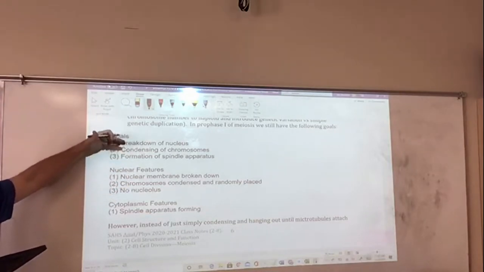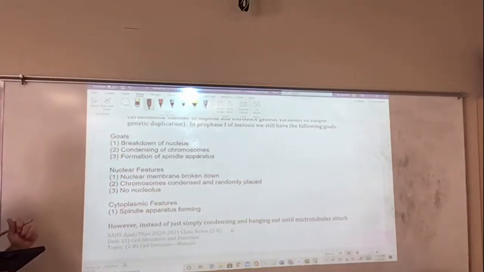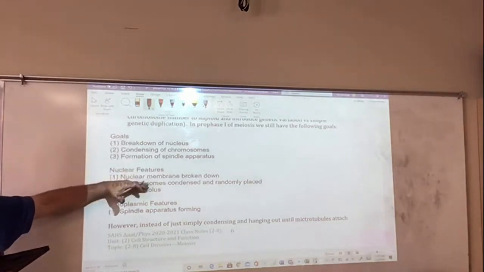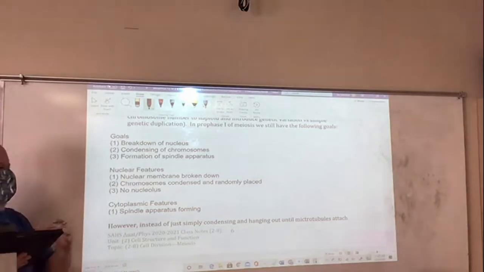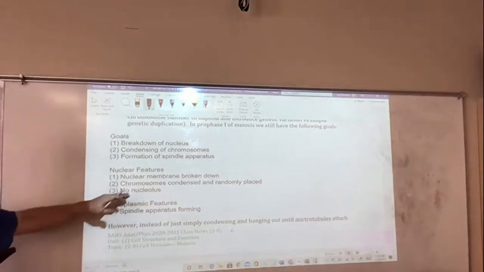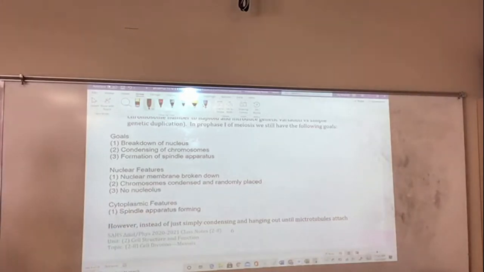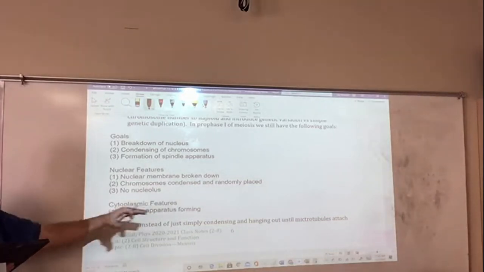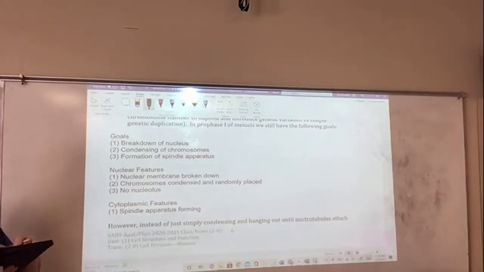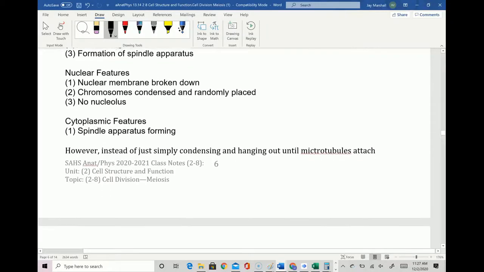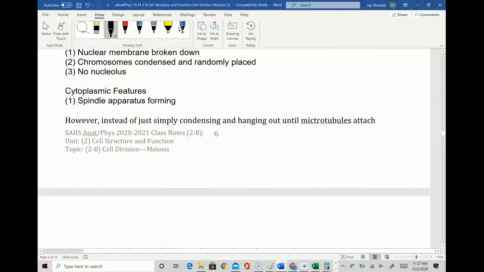Okay? And I condense the chromosomes, right? I turn my DNA from two balls of fishing wire that are meshed together and I can't separate into chunked chromosomes that I can easily separate. But in prophase, they're randomly placed. They're not lined up yet. And my spindle apparatus is forming, just like in mitosis.